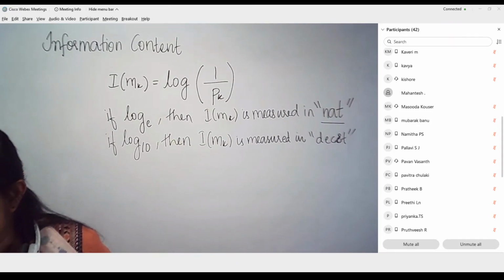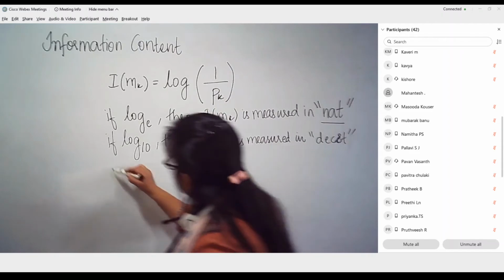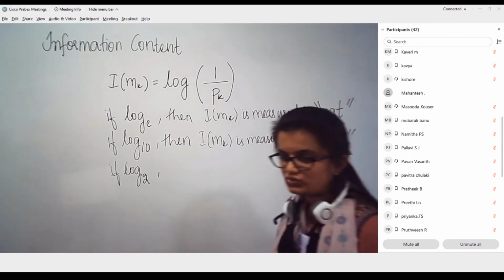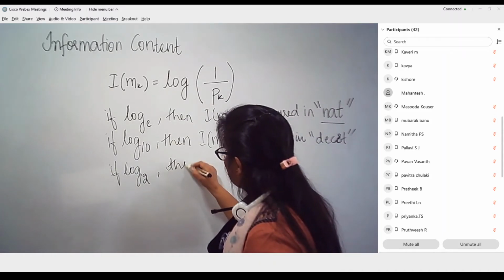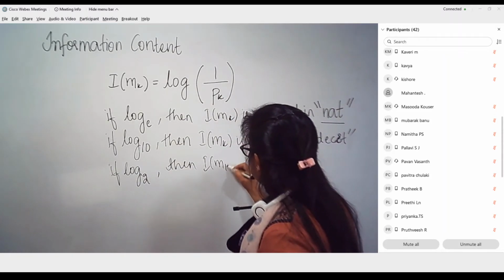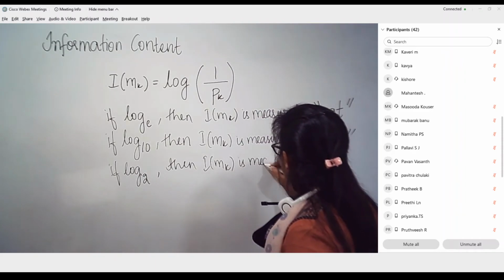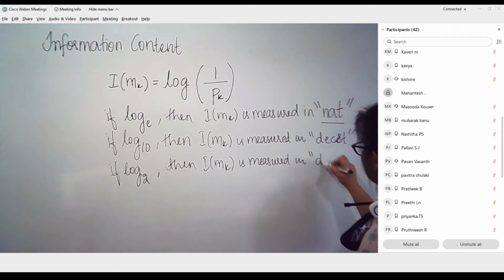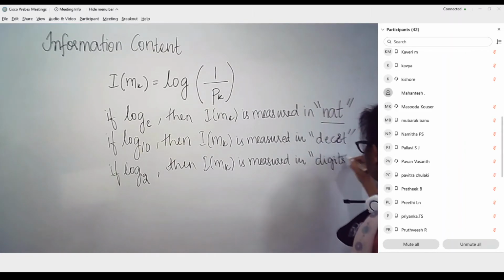Then the third possibility is I can measure this information with log to base 2. In that case, information is measured in terms of digits or bits.